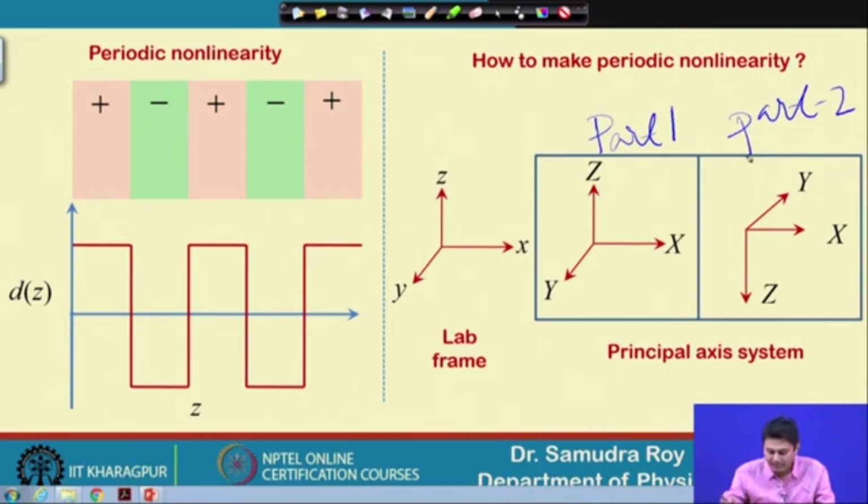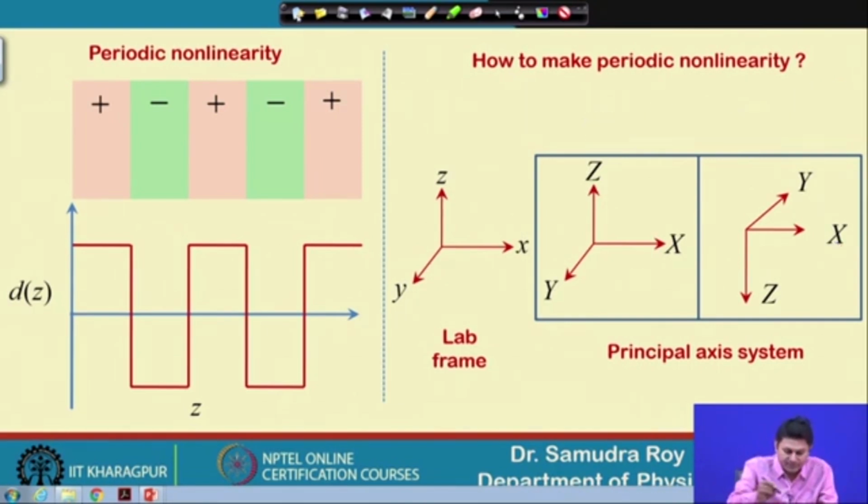So Z goes to here, Y goes to this point, and X remains the same, because I am making a rotation around the x axis. So now my principal axis is changed compared to my lab frame axis. Whatever the D value we have under this rotated coordinate system should be different from the previous one.